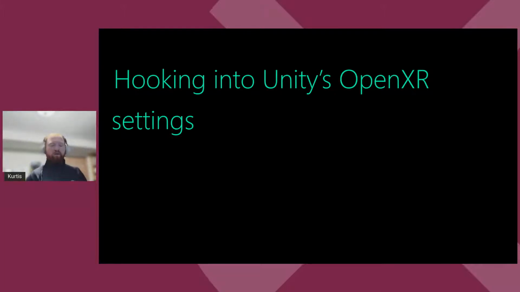Pretty much everything I talk through here are components and extension points that we have built on in the Mixed Reality OpenXR plugin, and that you could also build on if you need to add support for a specific runtime feature that just hasn't been integrated into Unity yet, or you might be the developer of an API layer or your own runtime, and you're trying to get your loader into Unity or get a specific feature into Unity that your runtime supports. This is how you would do it.